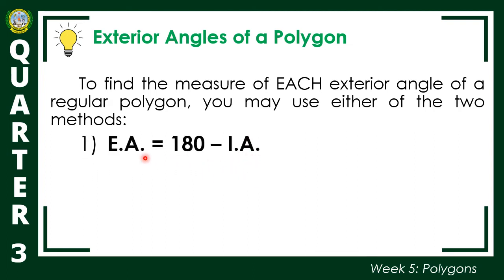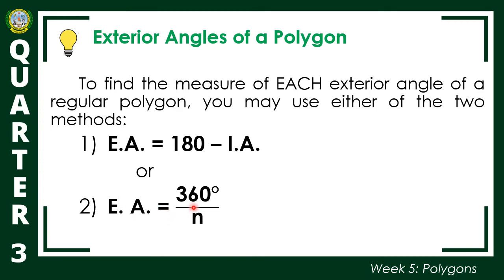So, kailangan po sa formula na to, meron kang measure of each interior angle. Okay? So, kung hindi naman po given yung measure of each interior angle, pero alam mo kung anong klaseng polygon yon or given yung number of sides niya, ang gagamitin naman po natin is itong formula na to. Okay? EA stands for exterior angle.